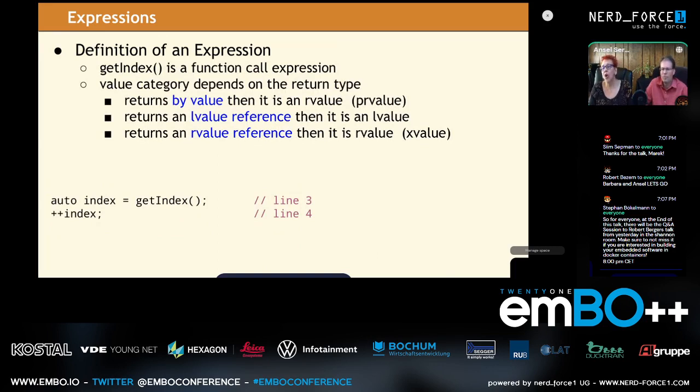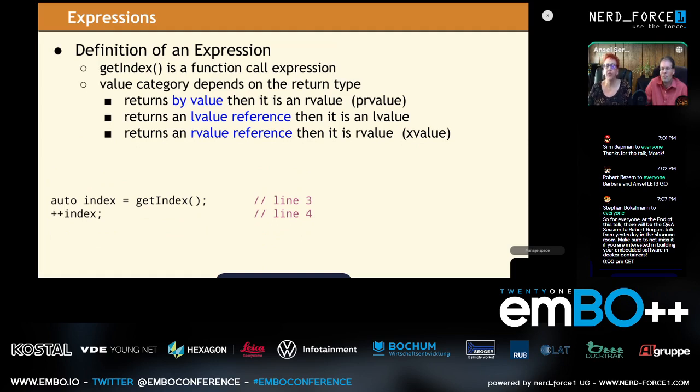GetIndex is what is called a function call expression. And what's very interesting is the value category actually depends on the return type. You would need to see the additional code for getIndex to know what the value category is. As you can see, what we've noted is it's normally going to be an R value.